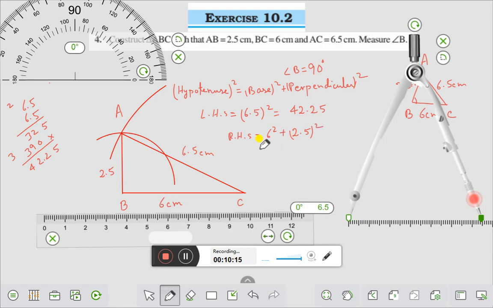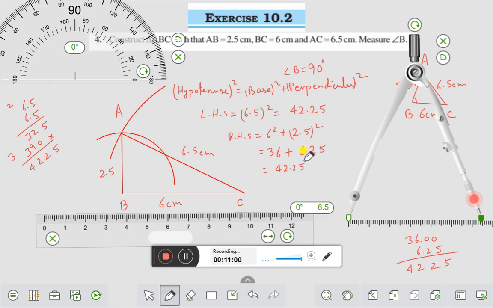Here 6 square is 36, and 2.5 square is 6.25. If we add the numbers, what are we getting? That is 42.25.